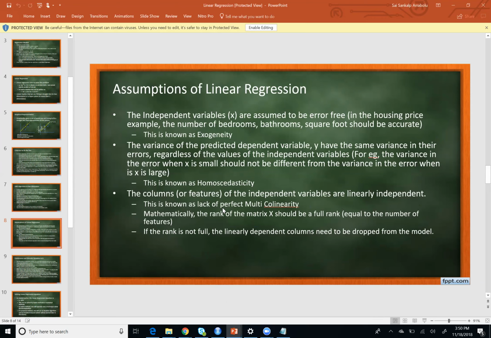This is known as lack of perfect multicollinearity. Collinearity means what? If you have two variables, they're said to be collinear if one is increasing, the other is increasing. If they're independent of each other, then you will see that they're random in nature. I think I'll just show you an example.